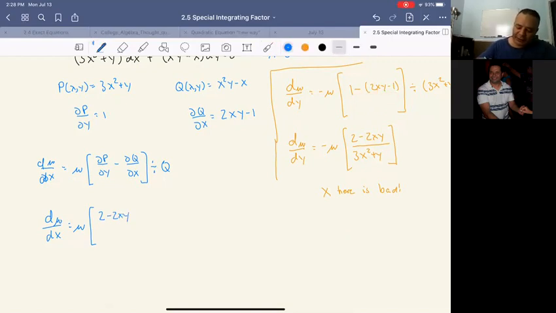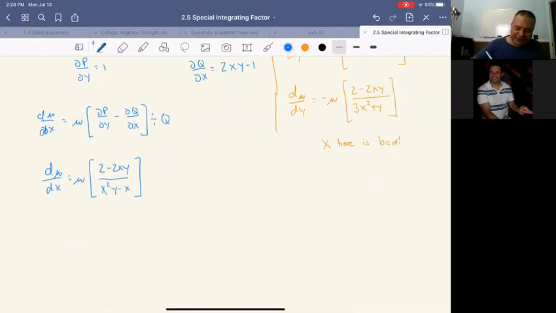But now what are we dividing by? We're dividing by x squared y minus x. Again, that doesn't look as good. That has a y. But wait, power of algebra strikes again.